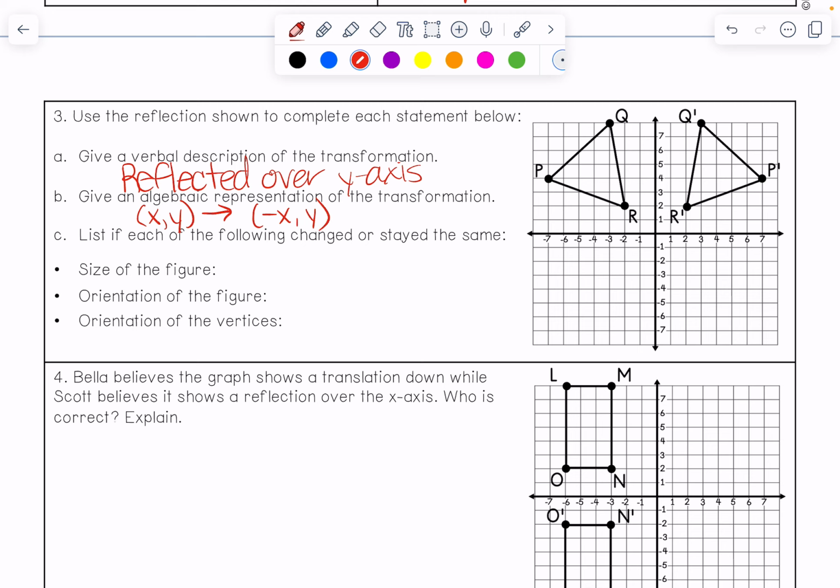Whichever axis you're flipping over is going to remain consistent. So I'm flipping over the y-axis, so my y values stayed the same. And if we think about the size of the figure, that stayed the same. The orientation of the figure changed, and the orientation of the vertices also changed.